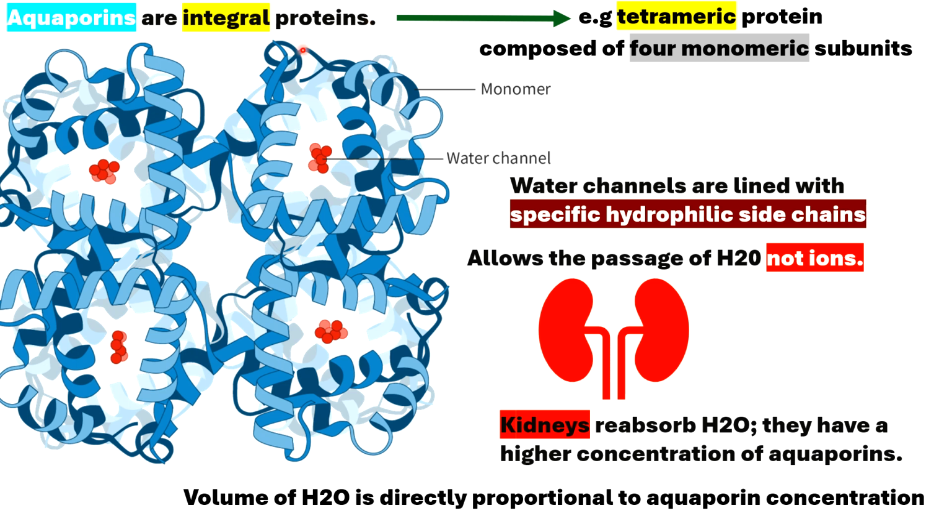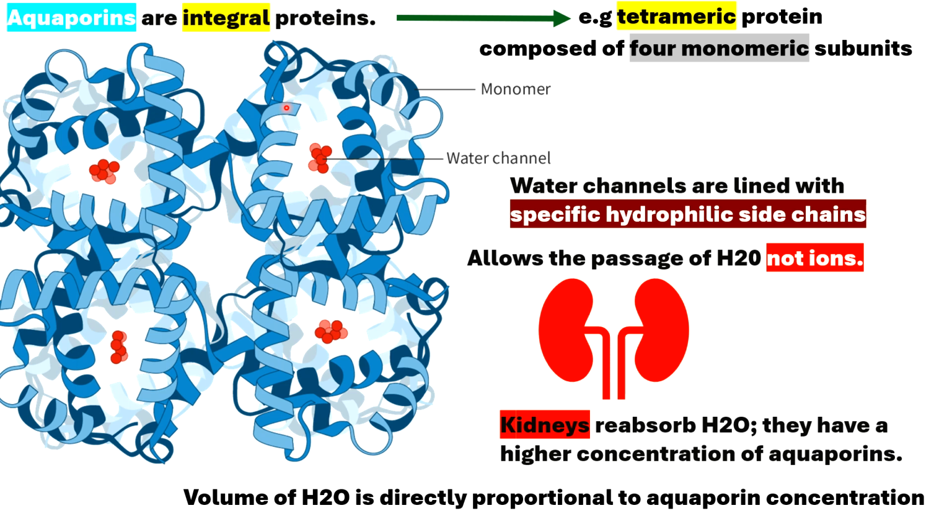Aquaporins are a type of integral protein. An example of an aquaporin is a tetrameric protein, which is made of 4 monomeric subunits, these 4 that you can see on the left side of your screen. Now, these contain water channels, these red circles right here, that are lined with specific hydrophilic side chains.